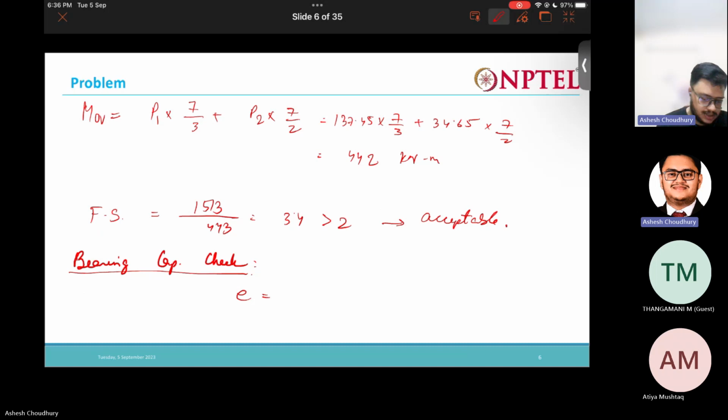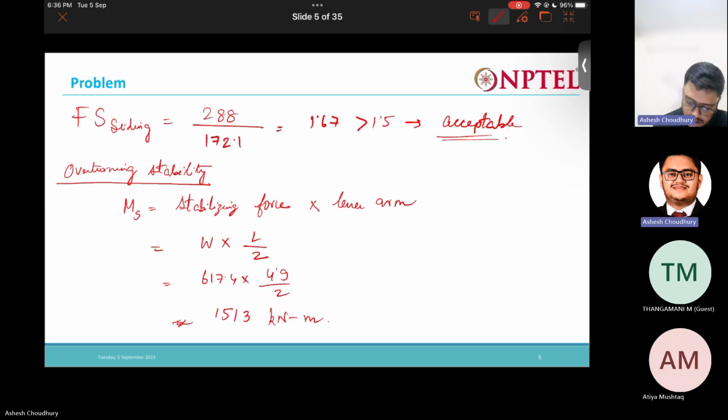What is the eccentricity? It is the moment divided by the vertical load. The overturning moment is 442, divided by W, which we already determined as 617.4, plus Q.